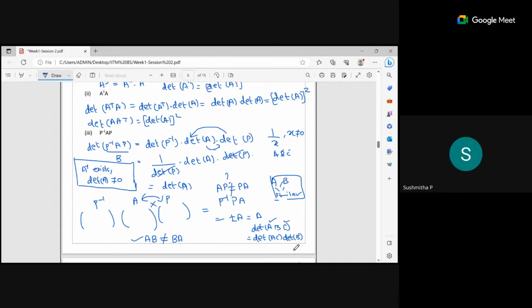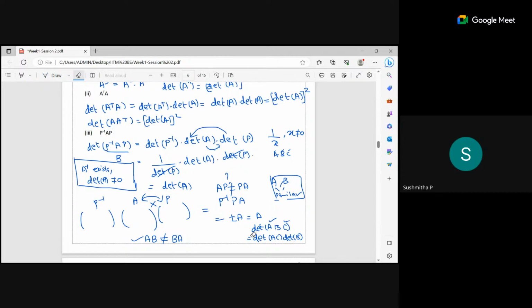Yeah. So it means we can write it like this, but I guess he was trying to ask if we can hence show that AB is equal to BA. That is not possible. The determinant of AB being equal to the determinant of BA doesn't mean AB is equal to BA. I think that is what he was getting confused with. AB equal to BA may or may not happen, but irrespective of whether they are equal or not, their determinants will always be equal.